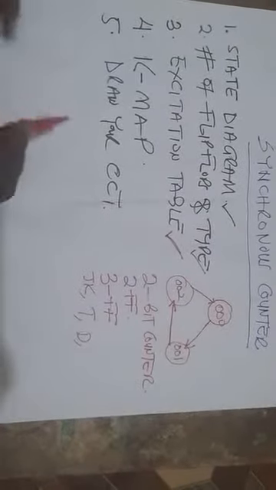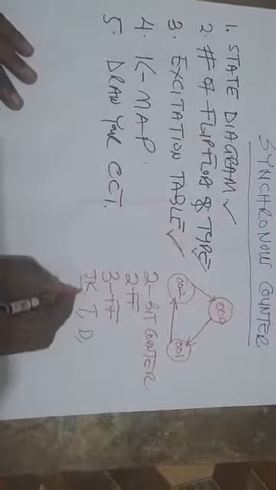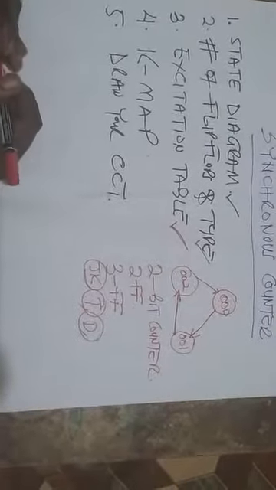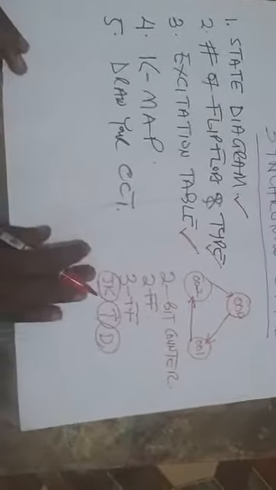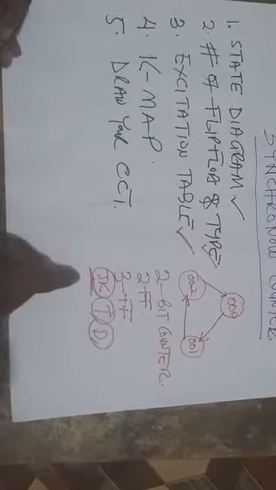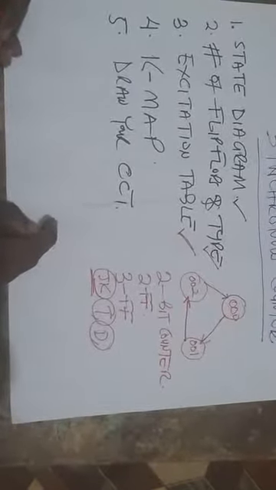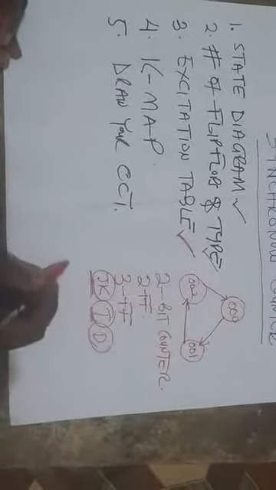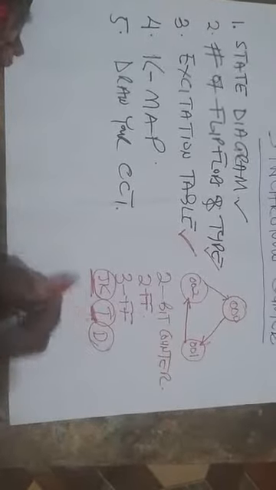Every flip-flop has its own transition or excitation table, as you know. So for a JK flip-flop, if you are going to use a JK flip-flop in your design, you need to have the excitation table for the JK flip-flop. If you want to use a T flip-flop, you need the excitation table for the T flip-flop.